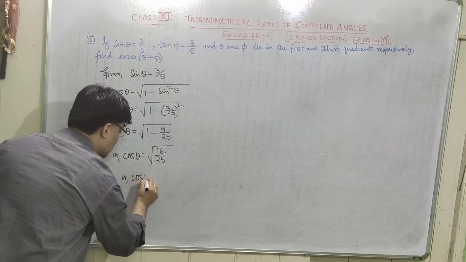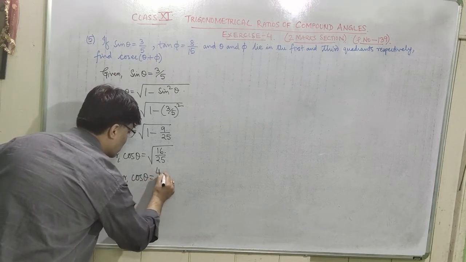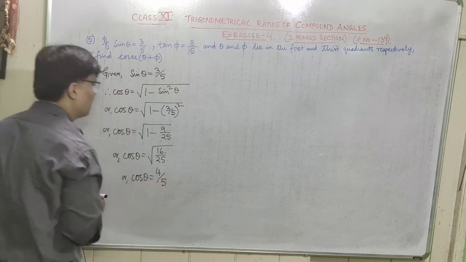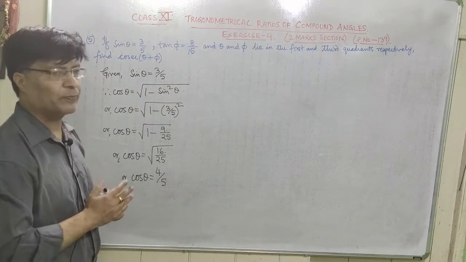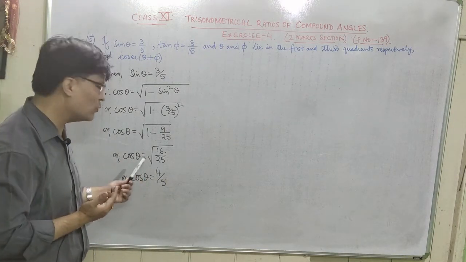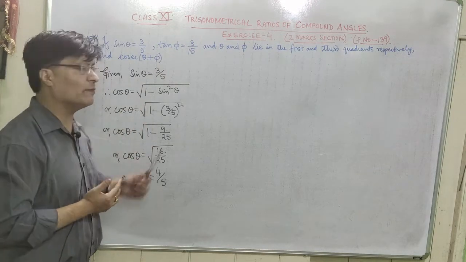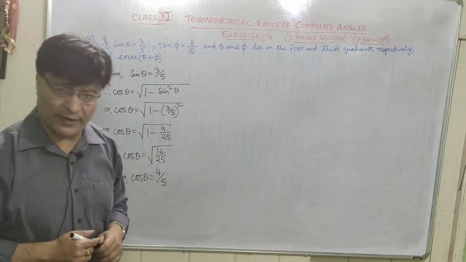So what is cos theta now? Square root of 16 is 4, square root of 25 is 5, that is 4 upon 5. So we have got the value for cos theta, which is equal to 4 upon 5, from the value of sin theta, which is 3 upon 5. Okay.